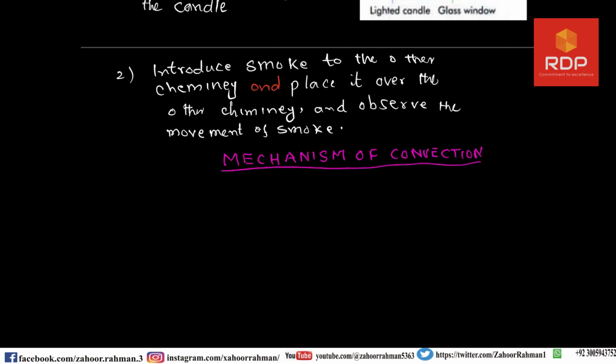Ladies and gentlemen, the circulation of the purple streams of water in the first experiment or the flow of smoke in the second experiment represents a convection current.